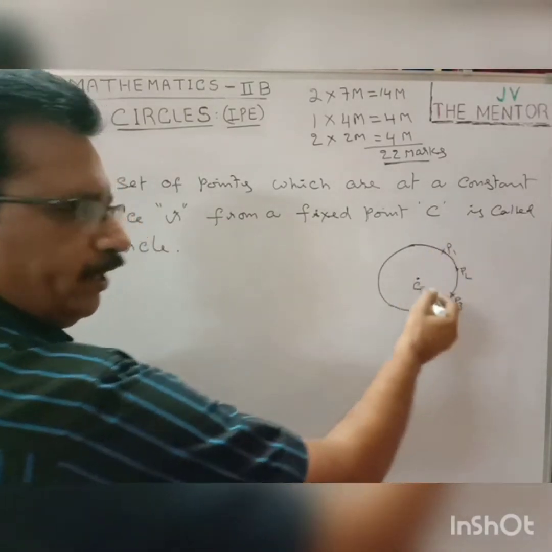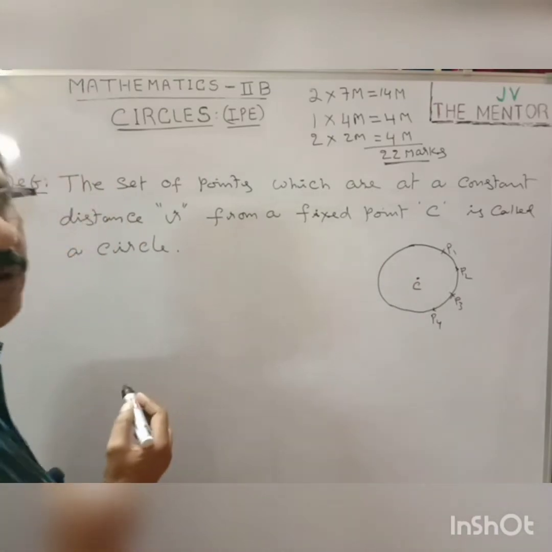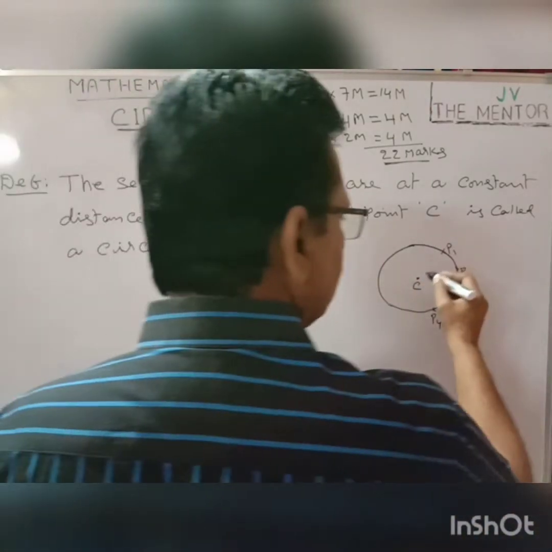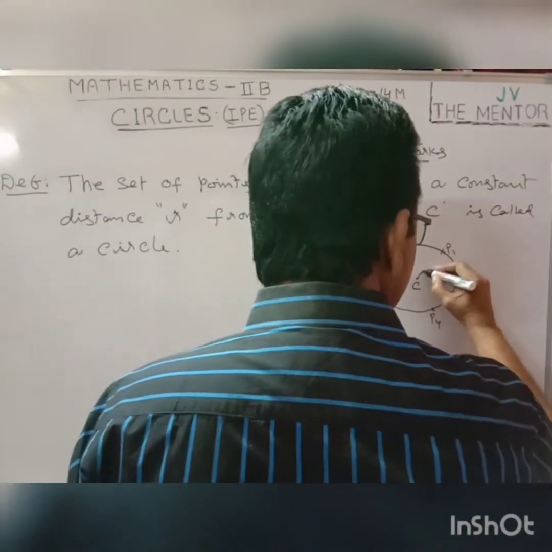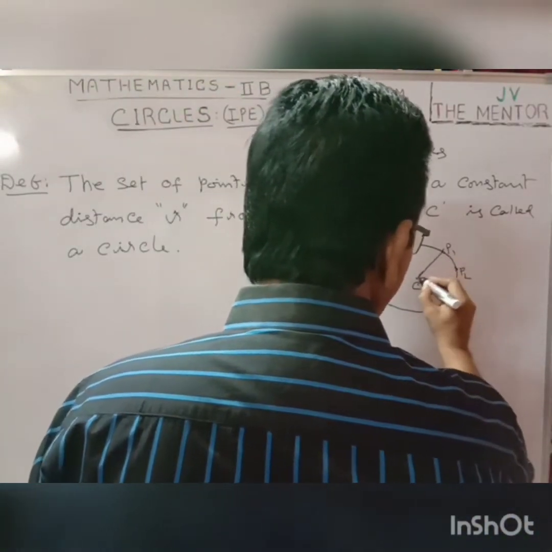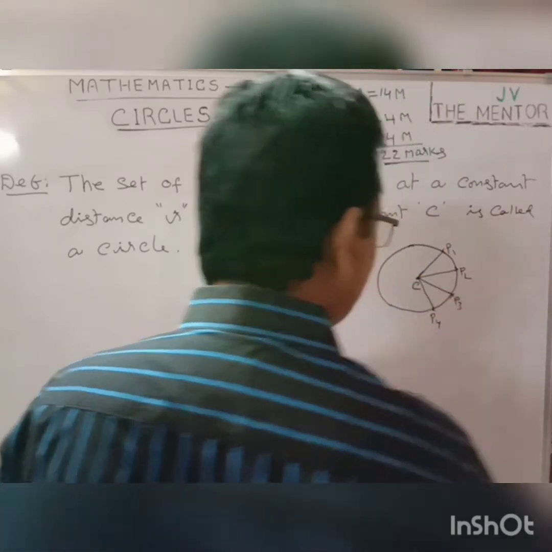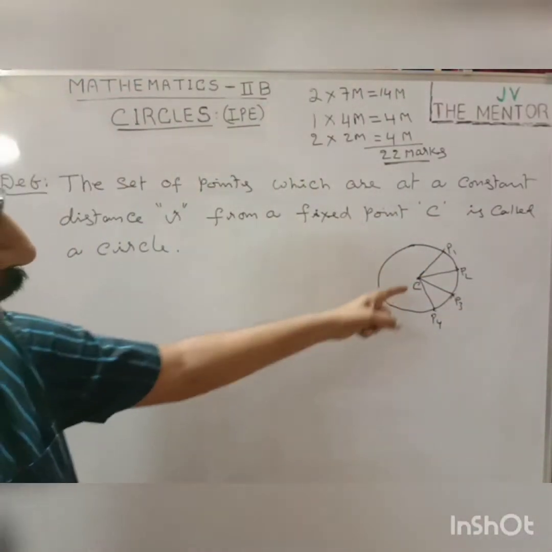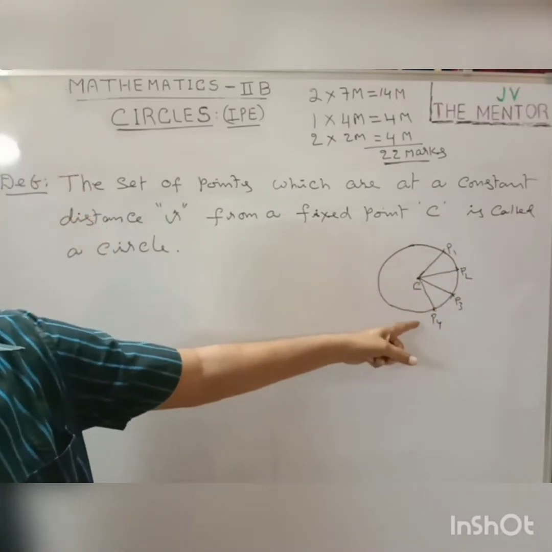All these points are equidistant from the fixed point C. That means CP1 equal to CP2 equal to CP3 equal to CP4.